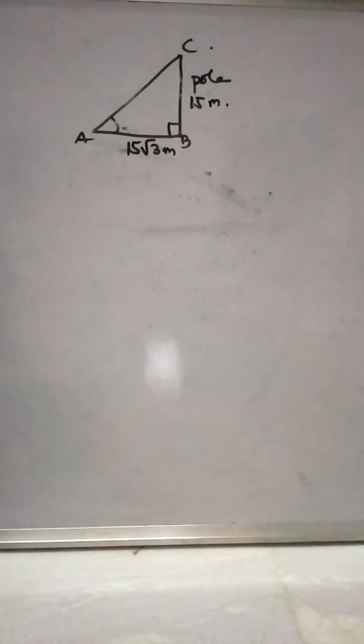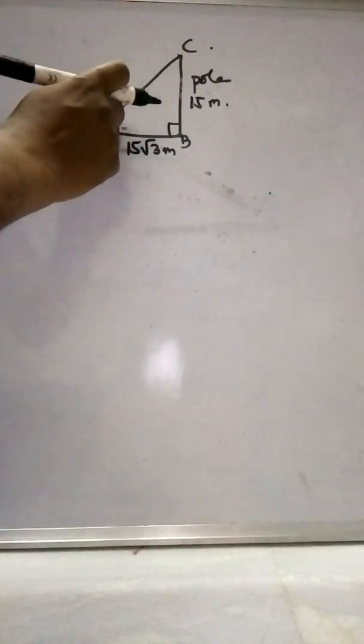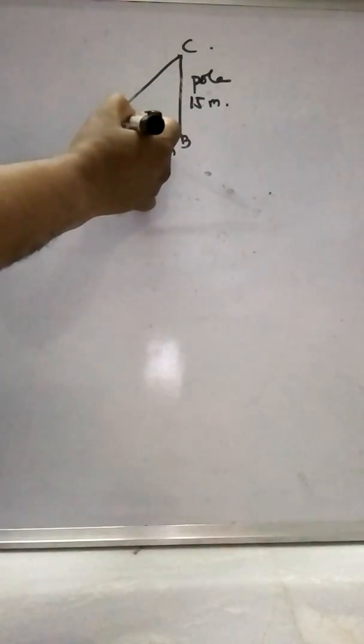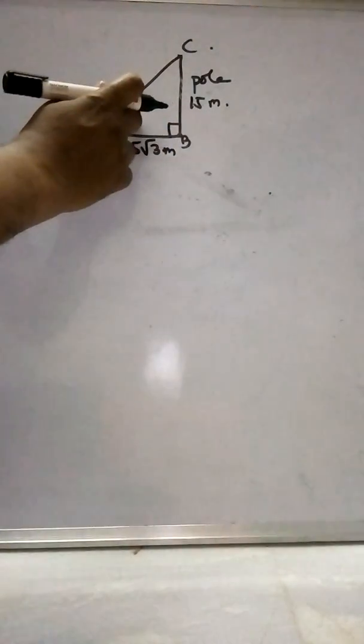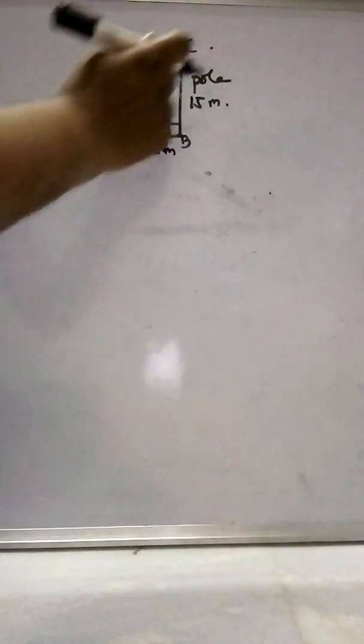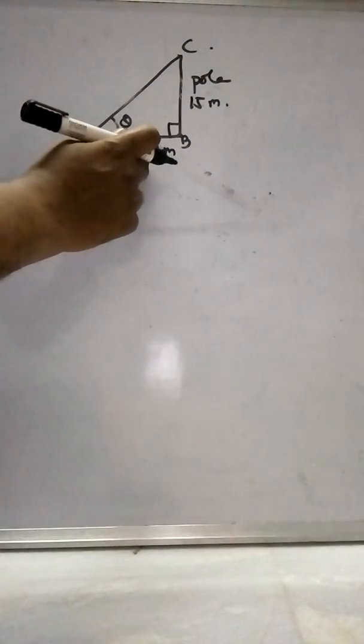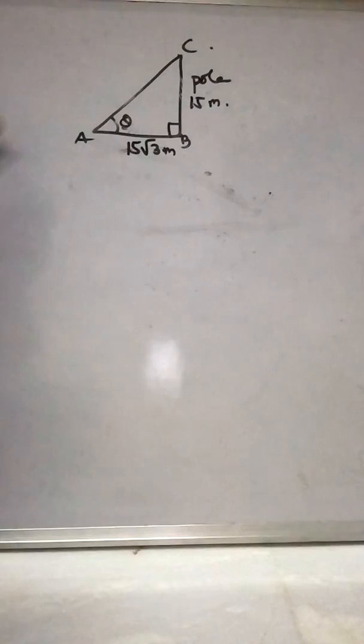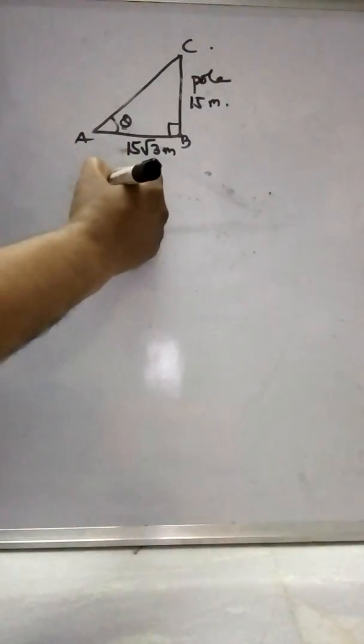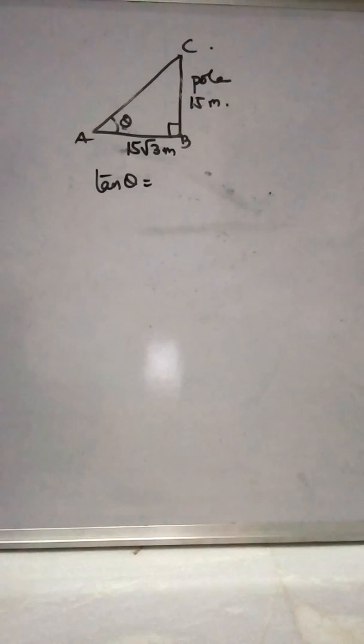Okay. So now for this angle, suppose you are taking this angle as theta, for this angle theta, this side BC will be the opposite side and this side AB will be the adjacent. So we'll have this as tan theta. Suppose BC is the height of the pole and 15 root 3, that is AB, is the shadow of the pole.